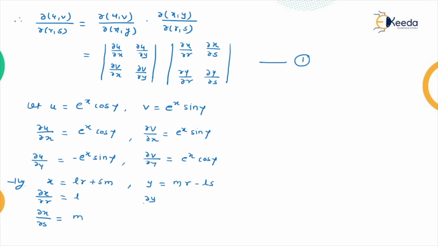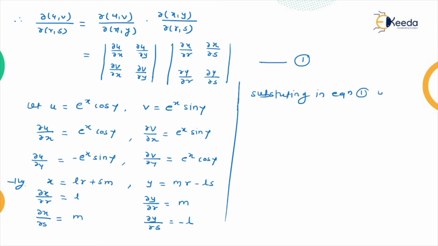Next, ∂y/∂r is m, and ∂y/∂s is minus l. So by using these values, substituting in equation 1 we get, so what is that here?